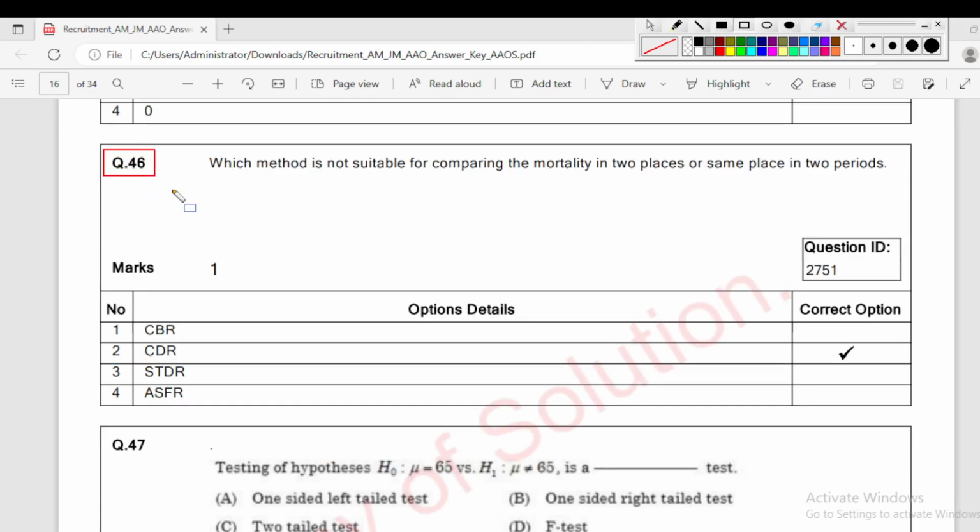Which method is not suitable for comparing the mortality in place or same place in period? Option 1 CBR, option 2 CDR, option 3 STDR, and option 4 ASFR. Option 2 is correct, CDR.